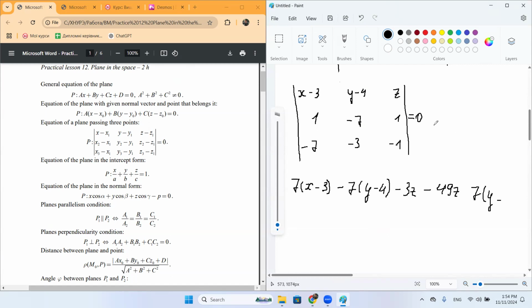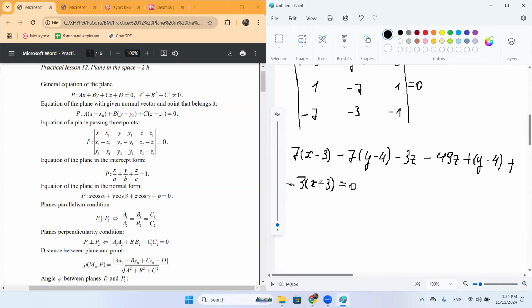Oh, no. Not correct. Plus 1 just. So plus y minus 4 and plus 3x minus 3 equals 0. Now let's simplify it.